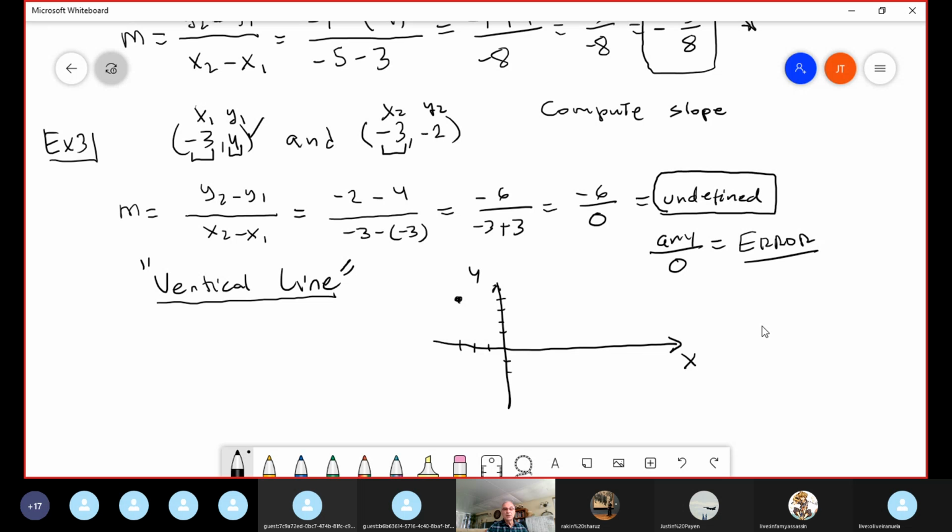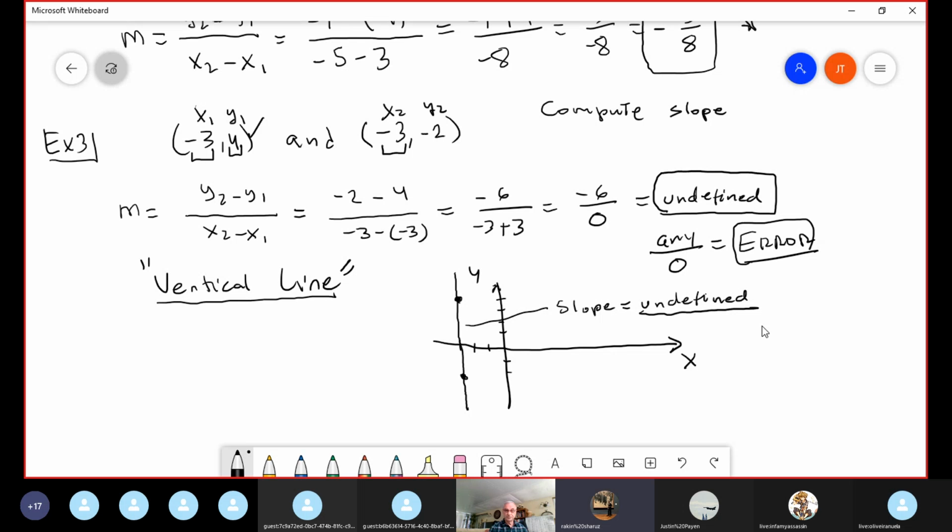When you connect these points, it's obvious that we are in front of a vertical line. And in this case, the slope is undefined. The technical name of this is equivalent to saying nothing. Undefined is nothing. Undefined is error.